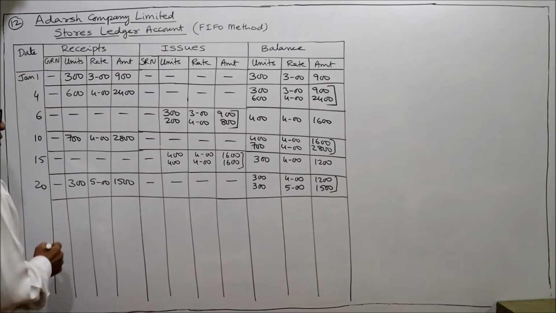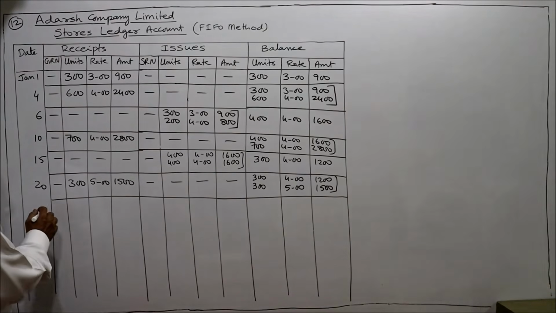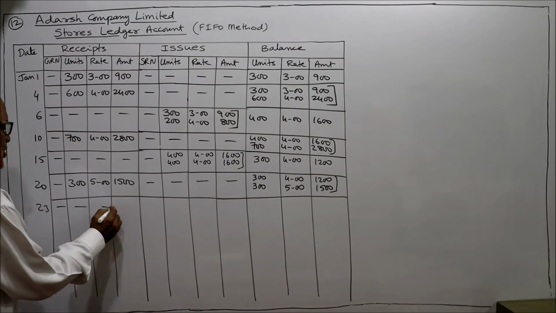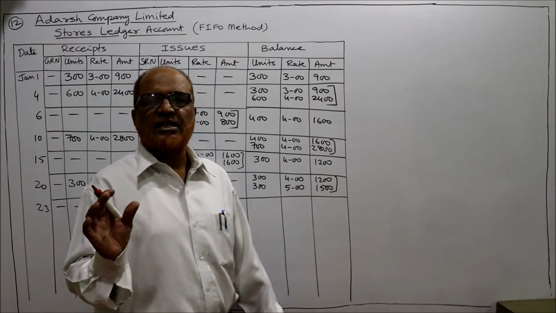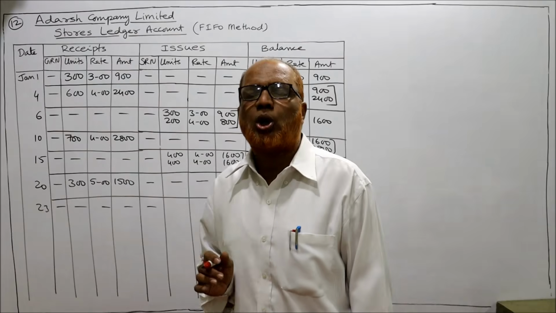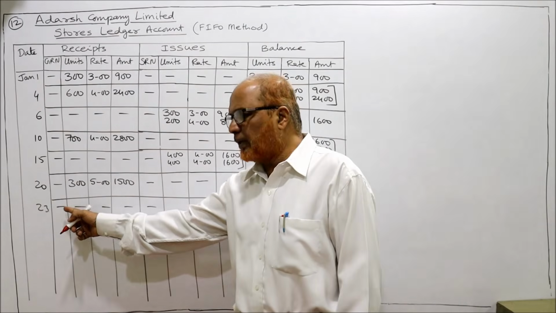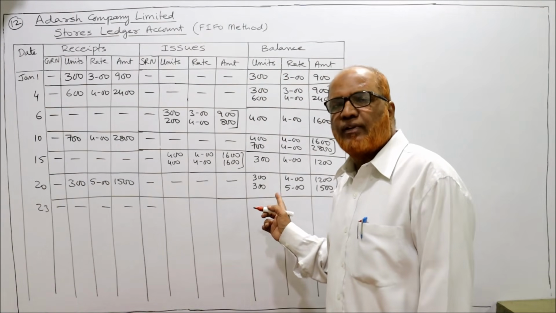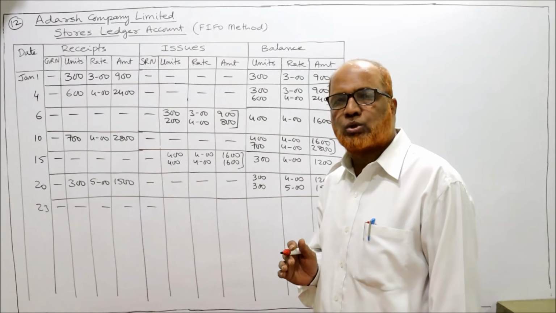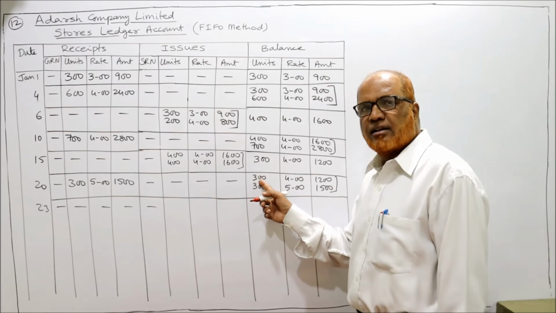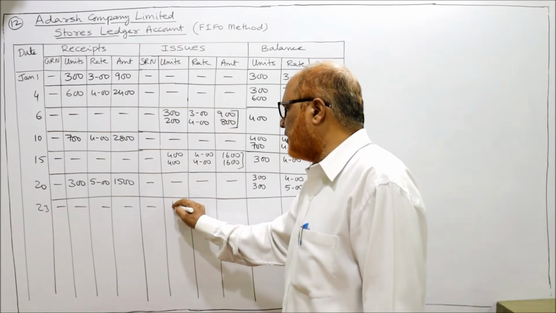So 20th completed. Now 23rd. There is an issue. How many units are issued? 100 units. It is given that 100 units are issued on 23rd. From which lot we have to issue? We are following the FIFO method, first in, first out. The first lot 300, from this 300 I am issuing 100 units.